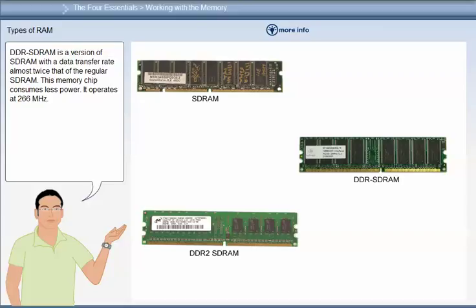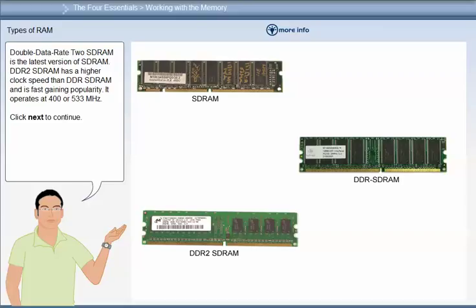This memory chip consumes less power. It operates at 266 MHz. Double Data Rate 2 SDRAM is the latest version of SDRAM. DDR2 SDRAM has a higher clock speed than DDR SDRAM and is fast gaining popularity. It operates at 400 or 533 MHz.